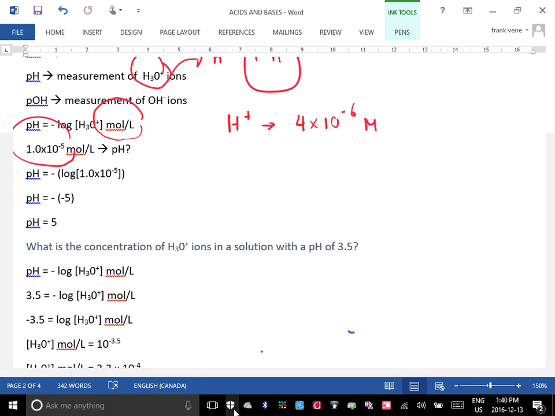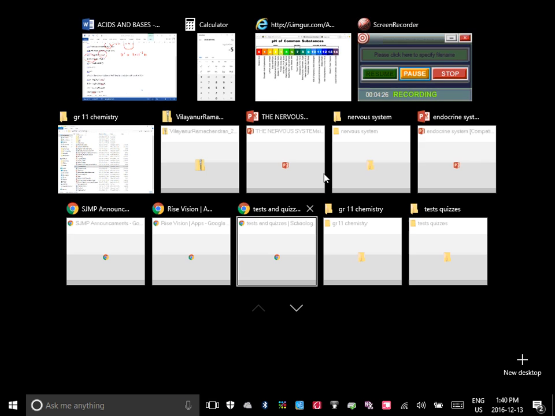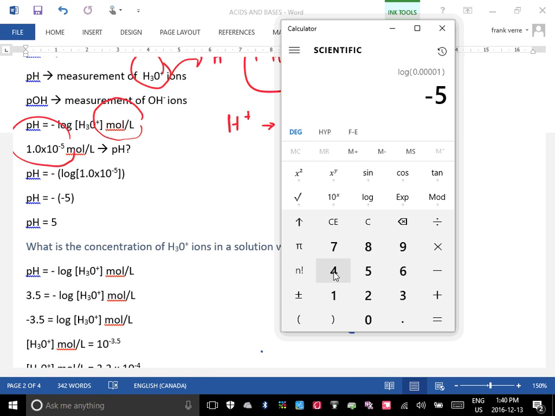So let's see what that is. So we have concentration of 4 times 10 to the negative 6. So we have 4 to the exponent negative 6. And we got 0.000004, right? So, first thing, take log of that. Yes, so we're good.